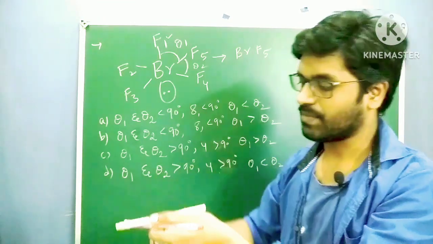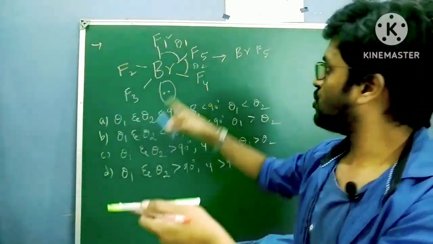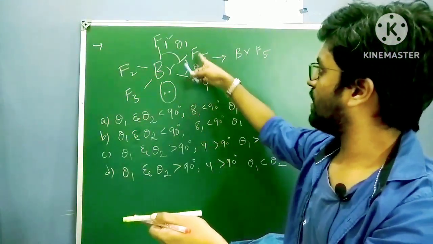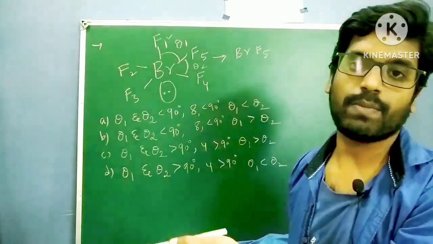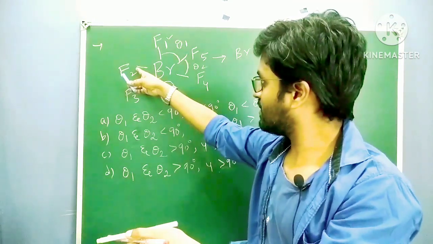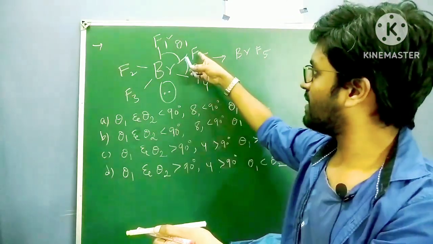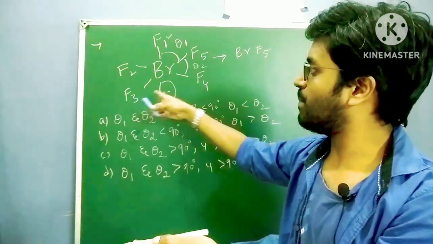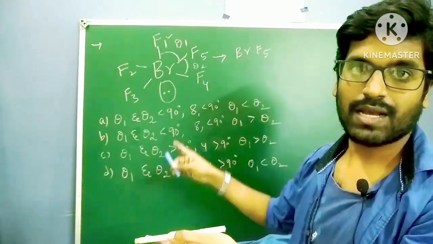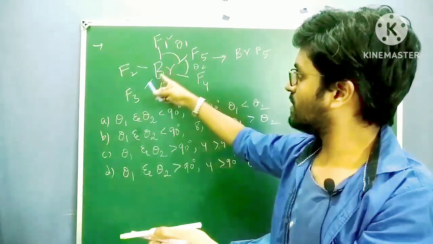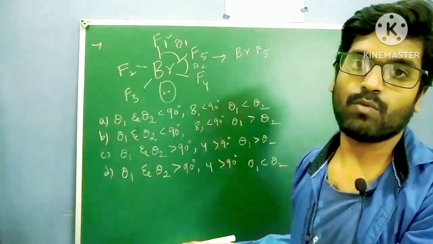Clearly, the lone pair is there, so F2, F3, F4, F5 are very near to this lone pair, and F1 is far away from the lone pair. So these four fluorine atoms experience more repulsion with the lone pair compared to F1.